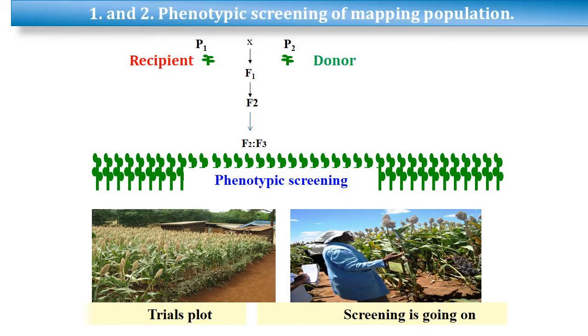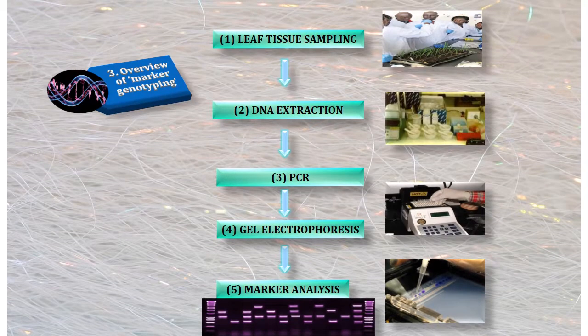This is just a procedure of mapping population development, which is a prime requirement in linkage mapping. The next step is an overview of genotyping through PCR approach and gel electrophoresis.